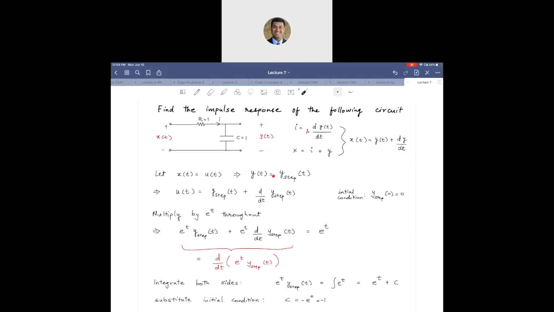So if you substitute these conditions in the input-output relationship of the RC circuit, what do you get? For input, you have u of t. For y of t, you have y step, and the derivative of y step, because of this.